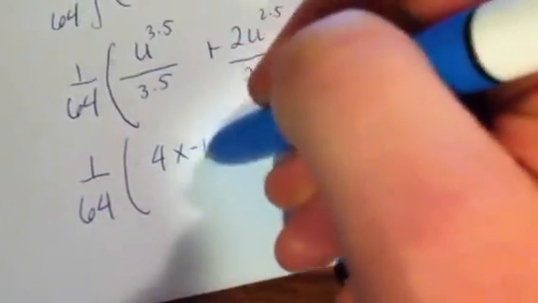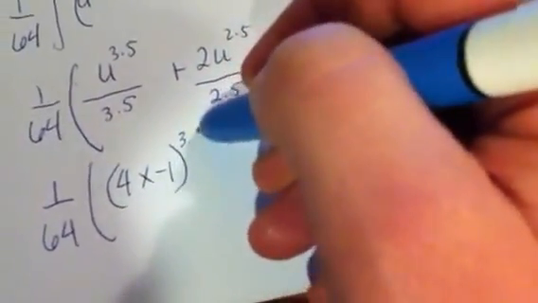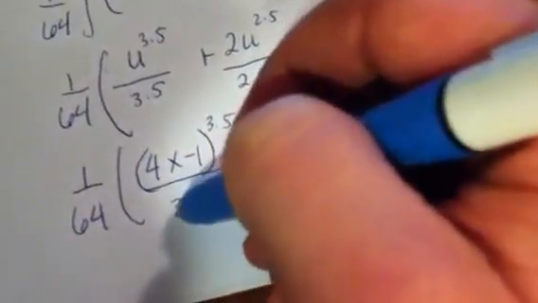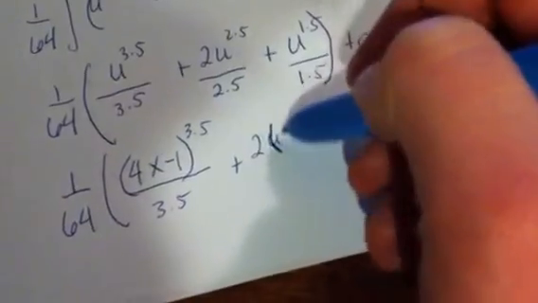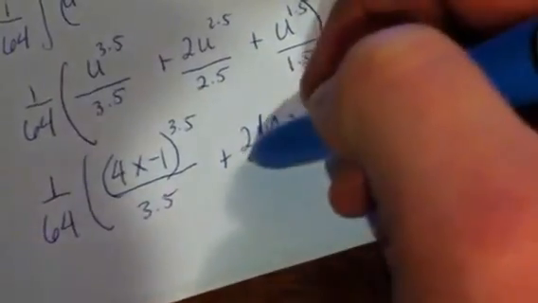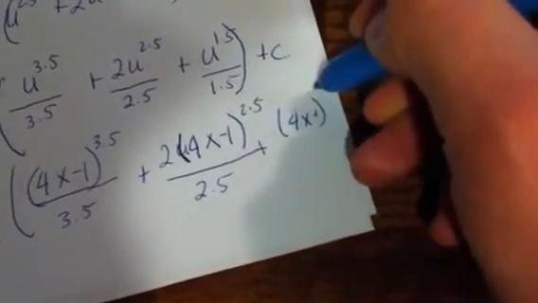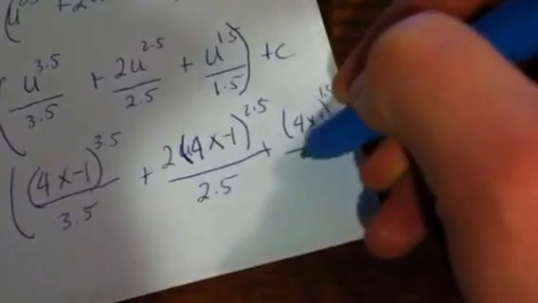So we're left with 1/64 times (4x minus 1) to the 3.5 divided by 3.5, plus 2 times (4x minus 1) to the 2.5 divided by 2.5, plus (4x minus 1) to the 1.5, divided by 1.5, and all that is plus c.